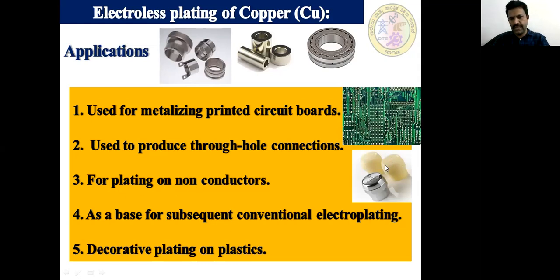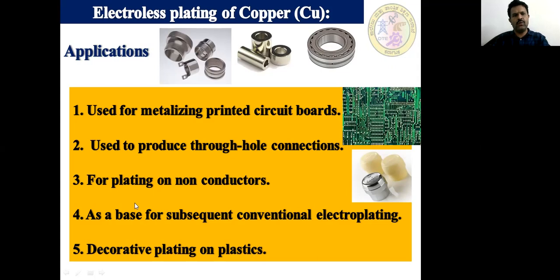So the base materials are non-conductors on which you can put the required metals. And it's a base for subsequent conventional electroplating process. And finally, electroless plating of copper can be used for decorative plating on plastics.